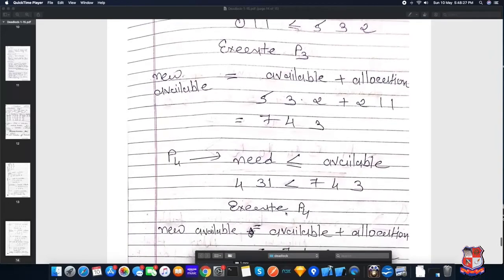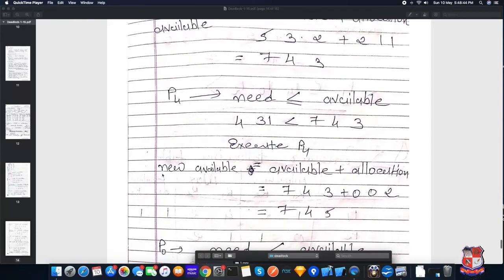So for P4, the need is 431 and the available value is 743. The condition is true, so we find the new available value, available plus allocation. After applying this equation, it is available for the next process.